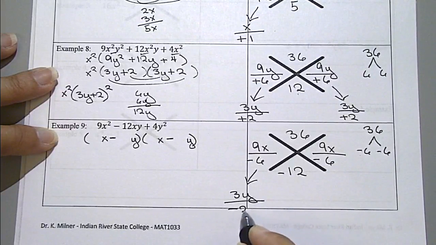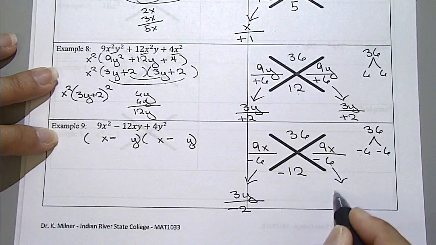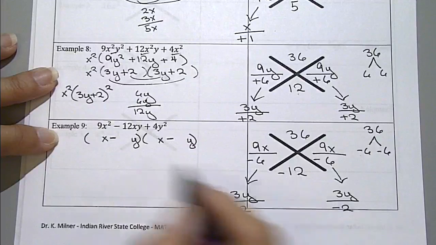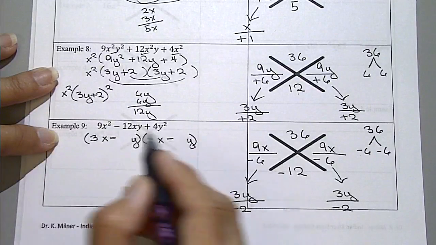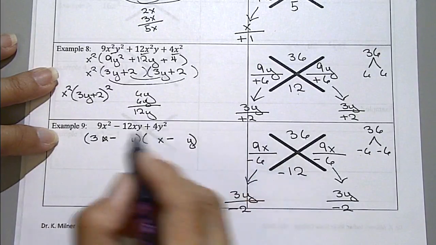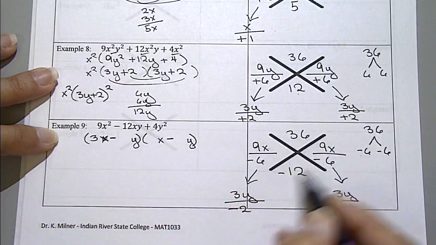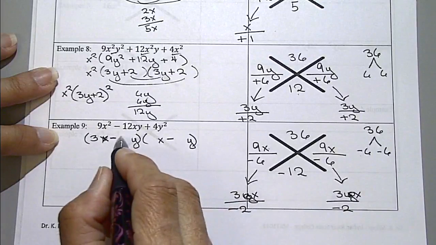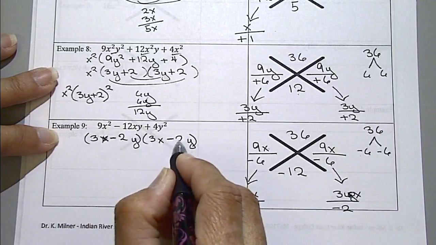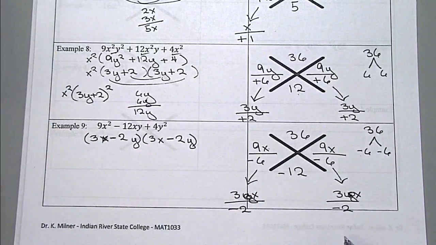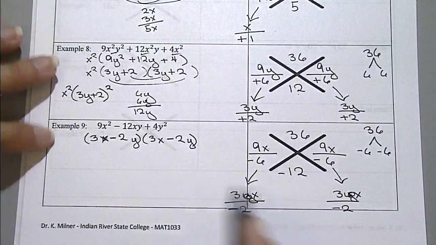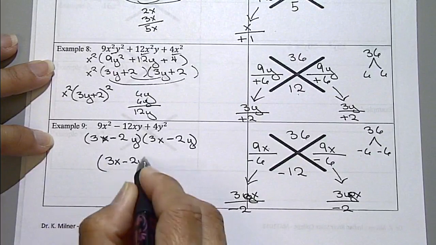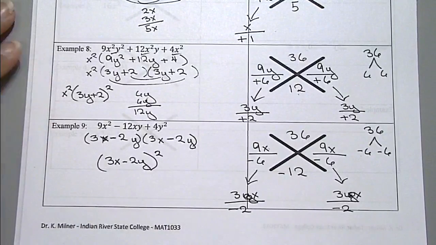This time, the only thing different here is these reduced to 3y over a negative 2, right? And my factors are 3, oh wait, that is an x, sorry. And this should have been an x. What am I saying y for? Okay, so 3x minus 2, 3x minus 2, and I want you to write that in exponential notation because these factors are identical. You would write it like that, wouldn't you?